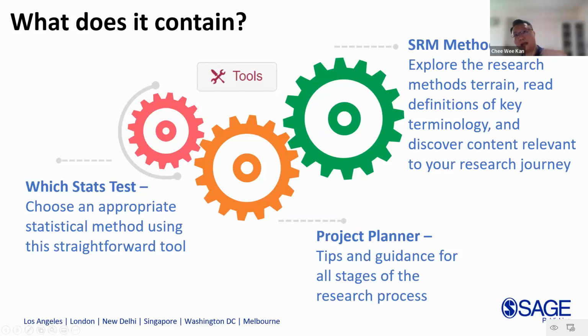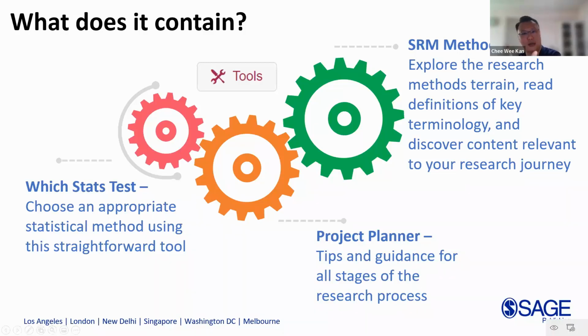Okay, and for Which Stat Test, because today in the interest of time I will focus on two tools, but for Which Stat Test, if you have it, you may want to go and test it out. Because Which Stat Test actually helps a user narrow down the options to find the best analytical methods for your data.